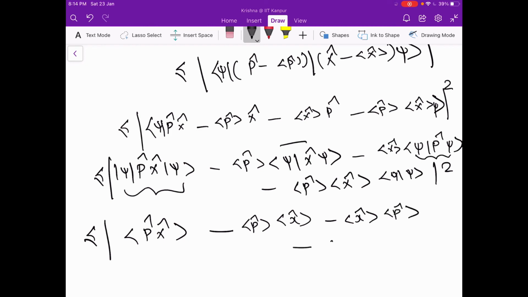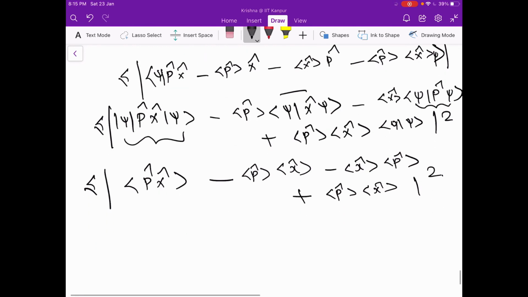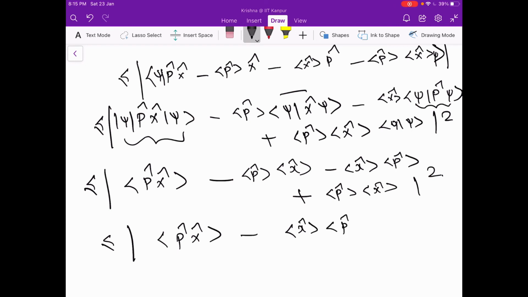And minus this is expectation value of p, sorry, plus, it has to be plus, expectation value of x square. So this is lesser than or equal to, finally, the expectation value of px minus p.